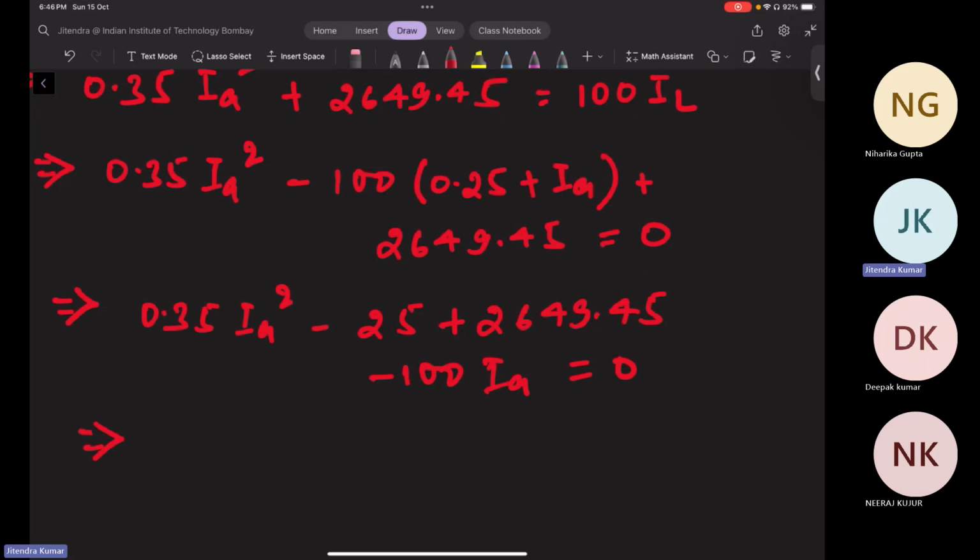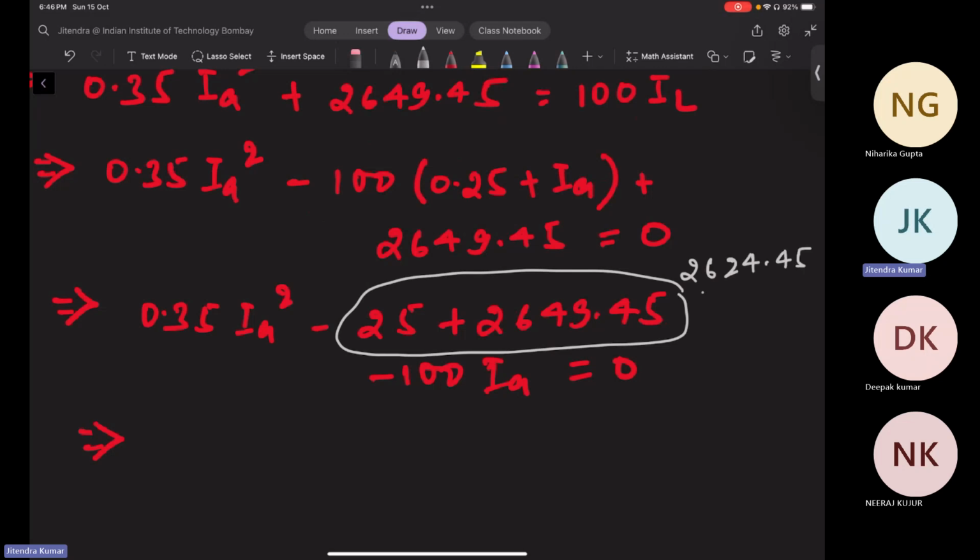So let me solve it. I will get IA is equal to 256.478 and another value is 29.236 amps.